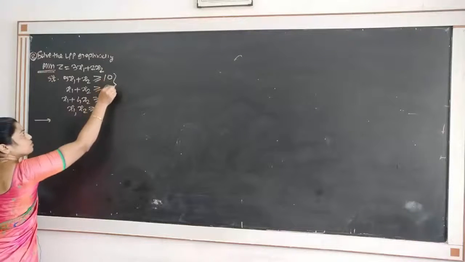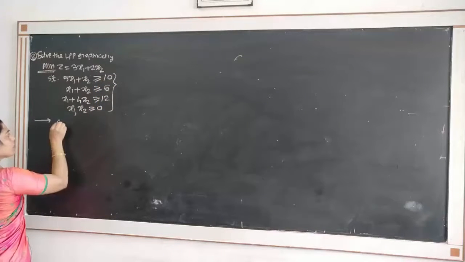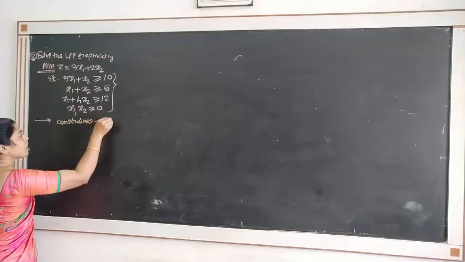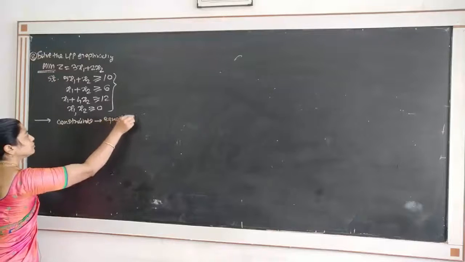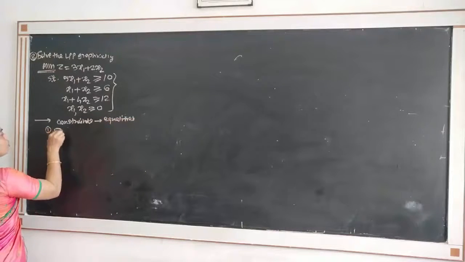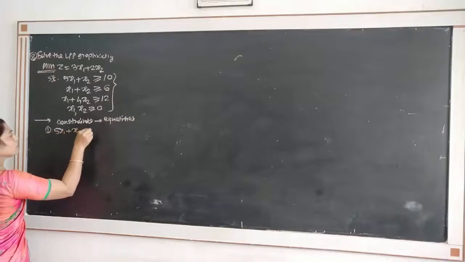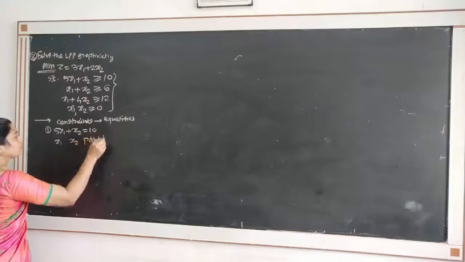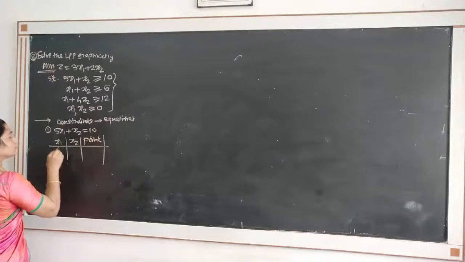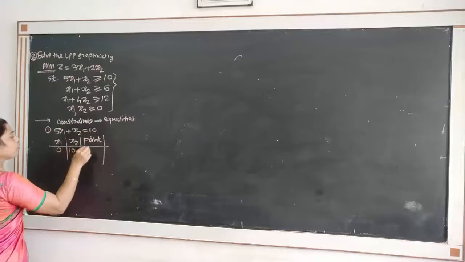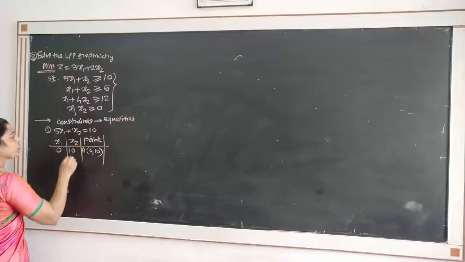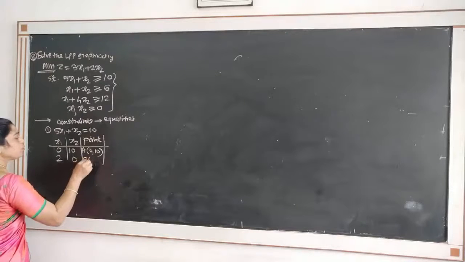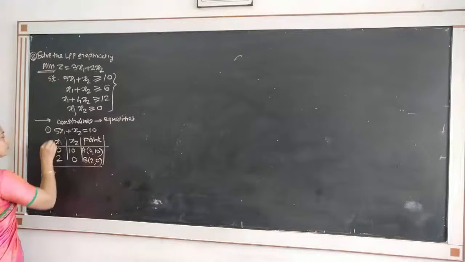First, it is similar: we will write down the constraints as equalities. The first equality, 5x1 plus x2 is equal to 10. When x1 is 0, x2 is 10, so A point is (0, 10). When x2 is 0, 5x1 is 10, so x1 is 2, that is B point comes to be (2, 0).